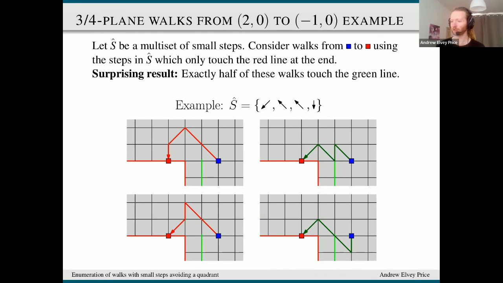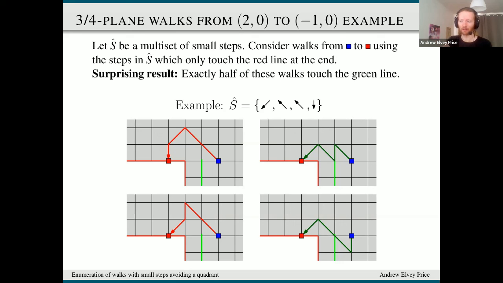So yeah, I sort of skipped over this. I made the claim that in some sense any convex cone will be equivalent to the quarter plane, but of course that will change the step set. So the question is, if you take a nice step set with some funny angle, then it becomes more complicated.